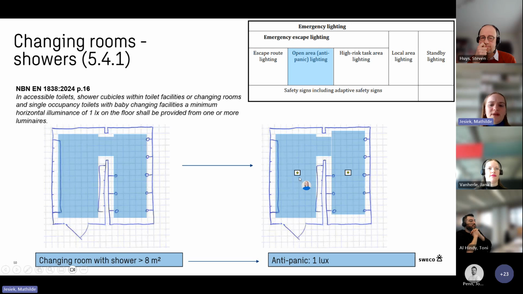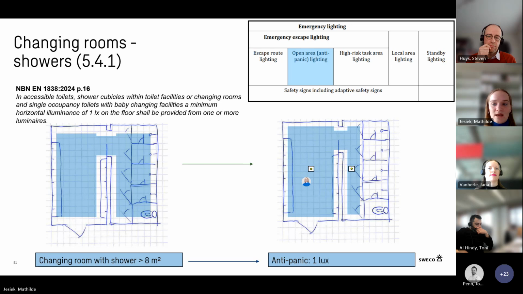But we believe that with this fixture, you will, in most cases, also have your 1 lux. But this will be explained also in the design guidelines with the tables, how many fixtures exactly you need to place.